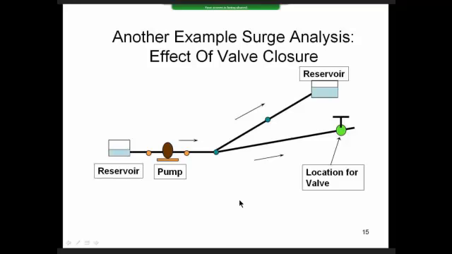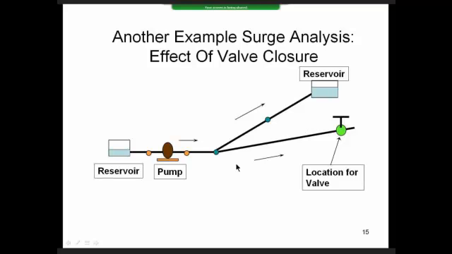Here's another example of a transient and what we might be able to do about it. In this particular example, we're going to close this valve. One reason for showing this example is that the characteristics of the valve become very important in transient flow.